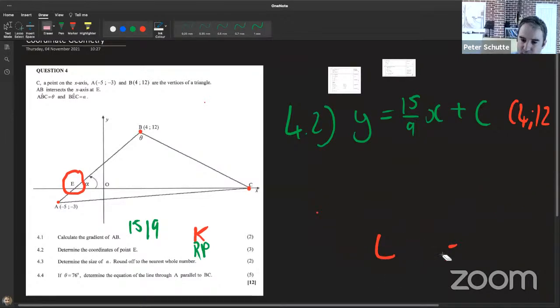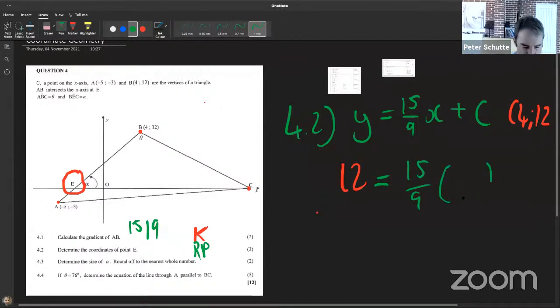If I sub in the point (4, 12), I need to make sure that the 12 goes on this side. Let me use a different color. So 12 equals 15 over 9, and then the 4 goes here, plus c.